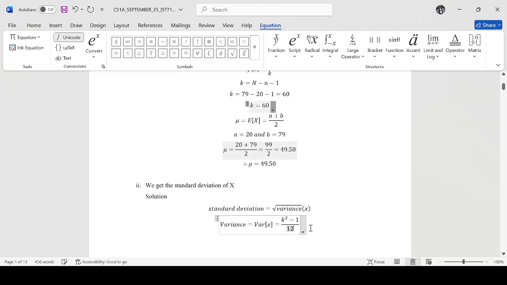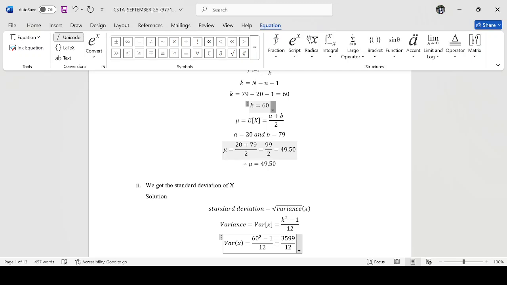So for us to be able to get the variance of x, we write var of x equals (60 squared minus 1) divided by 12. This is like having 3600 minus 1, that is 3599, if I'm not wrong.